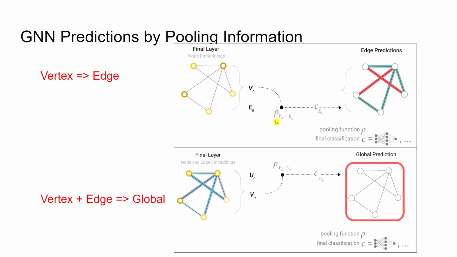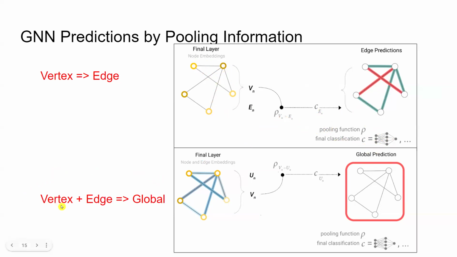Here they aggregate the vertices into the edge: the input is all the vertices, they aggregate them, and the output is the edge information. And the C is just the classification, a basic neural network. Through this neural network, they can classify the edge and what it is.